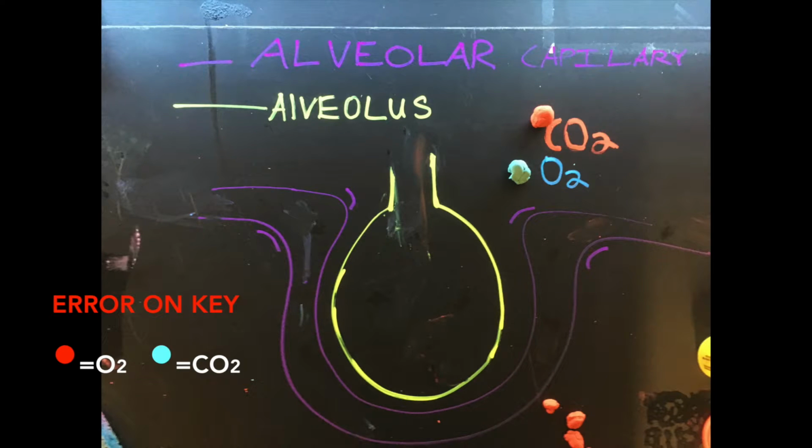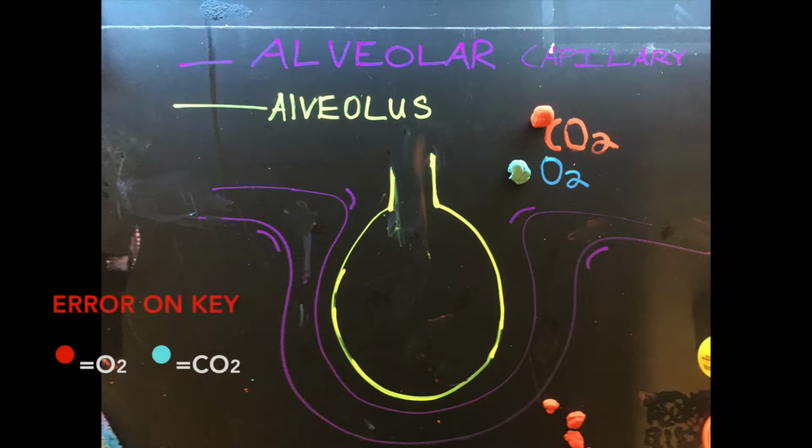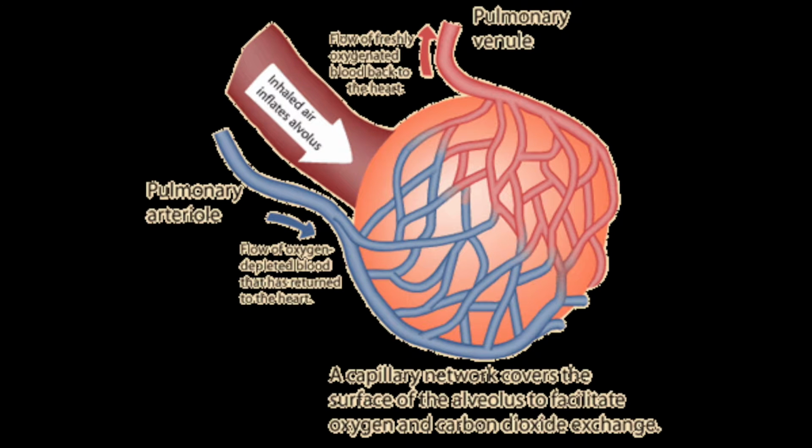But with our diagram, we will be focusing on one capillary itself. So here's the label of the two gases that will be exiting and entering the lungs. And here's just a further example of the capillaries surrounding the alveolus.